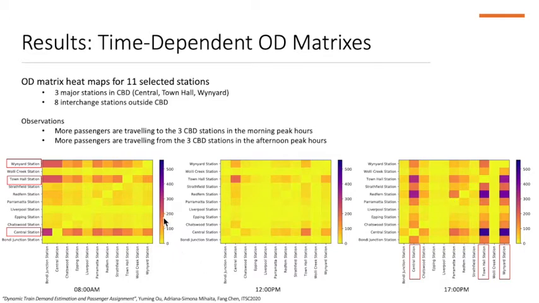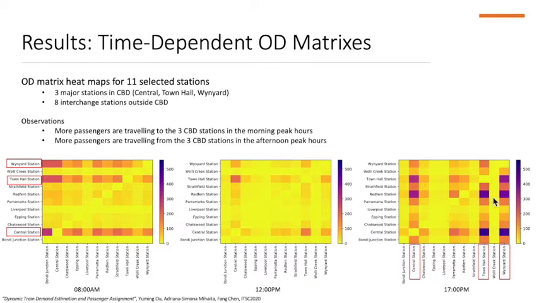In each heat map, the darker color means a larger number of passengers traveling. This axis shows the stations the passengers travel from, and this axis shows the stations the passengers travel to. We can see in the heat map for the morning peak hours that more people are traveling to the 3 CBD train stations, which shows the pattern that people are traveling to the CBD for work.